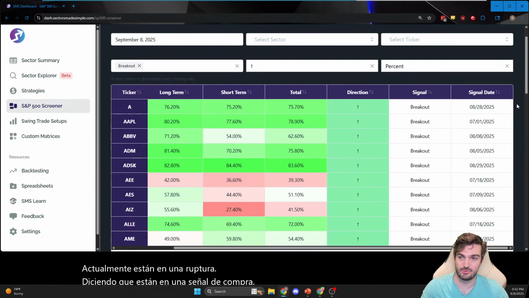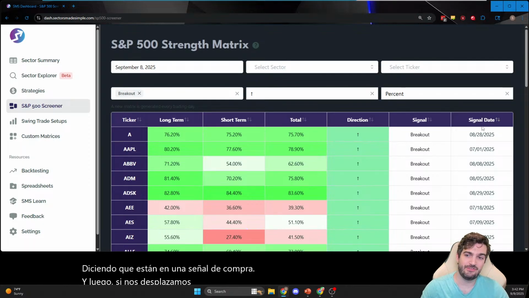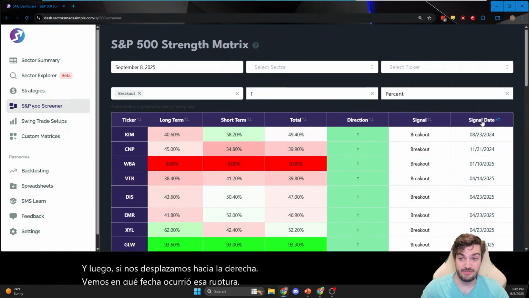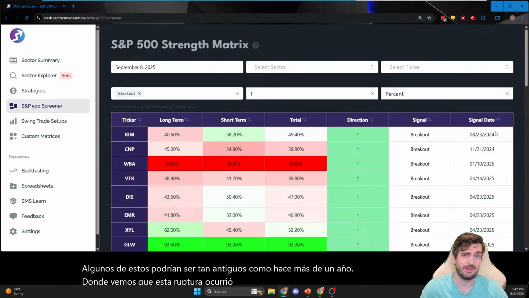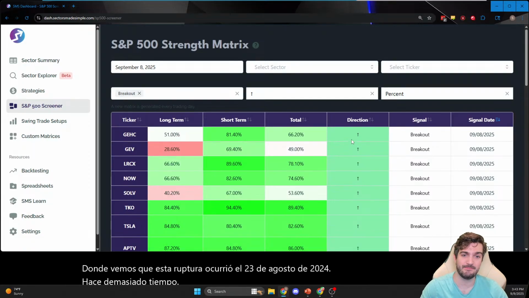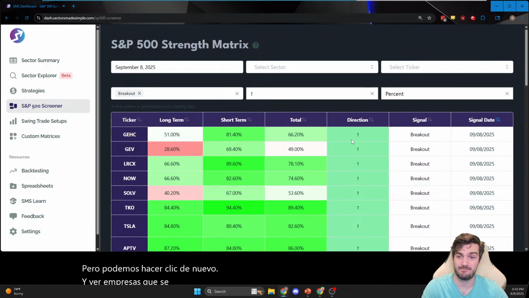And then if we scroll over to the right, we see what date that breakout happened. Some of these could be as old as over a year ago, where we see that this breakout happened on August 23rd, 2024. Way too long ago. But we can click again and see companies that have gone on breakouts recently.